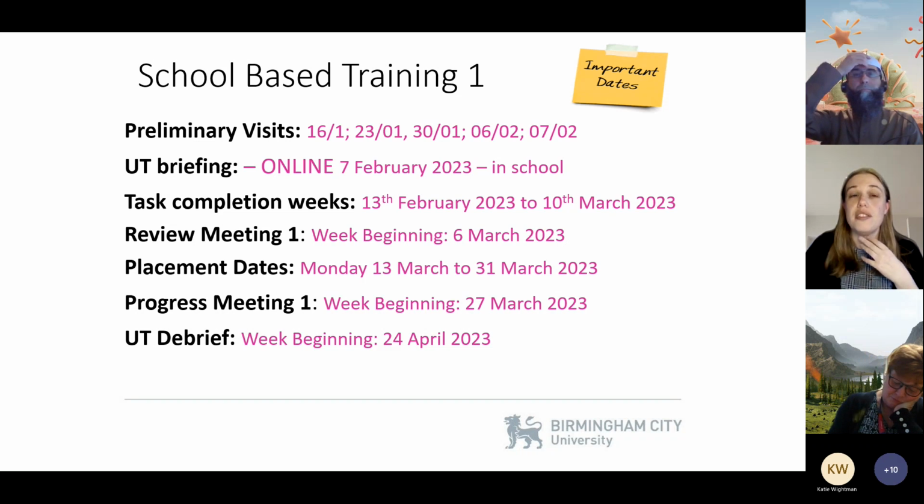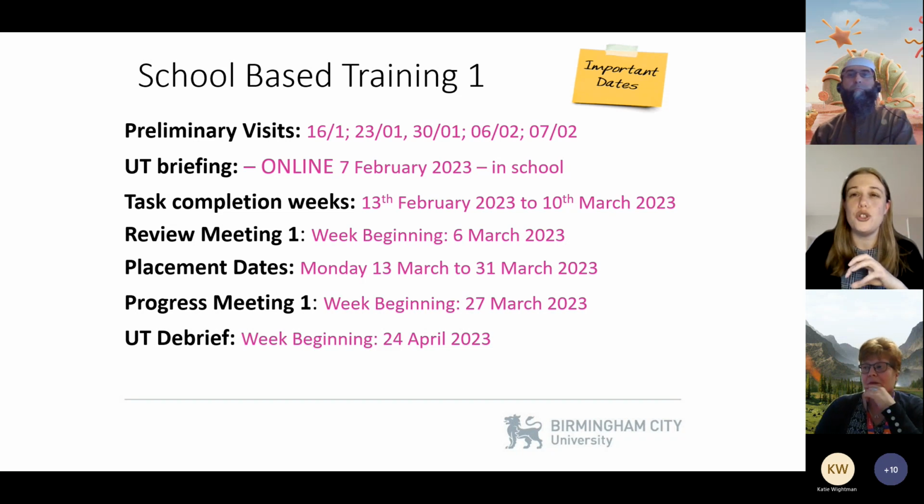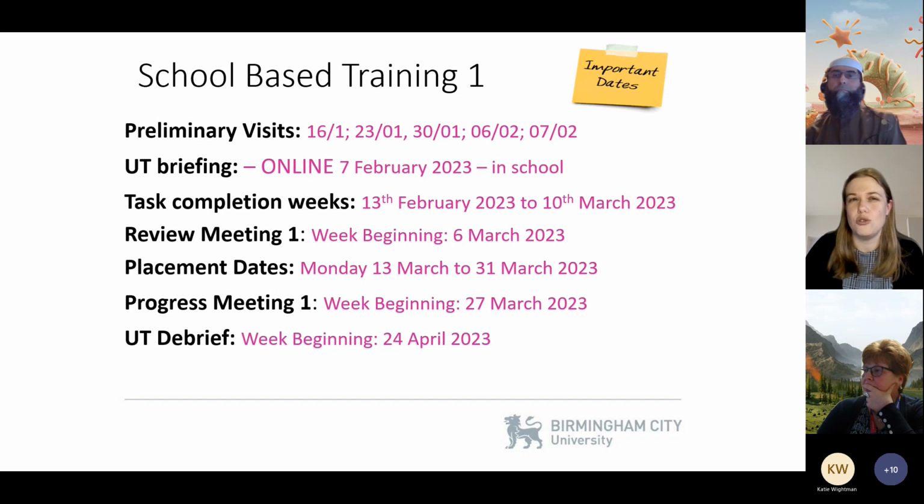And then from the 13th of March to the 31st of March, that's when they will be doing their teaching. Exactly the same as the rest of them. They'll have a review meeting and they'll have a progress meeting. So as I said, the dates are the same, but what they're doing on those dates, there are slight differences. But we will let you know if you've got a trainee who will be completing school-based training 1 rather than 2.